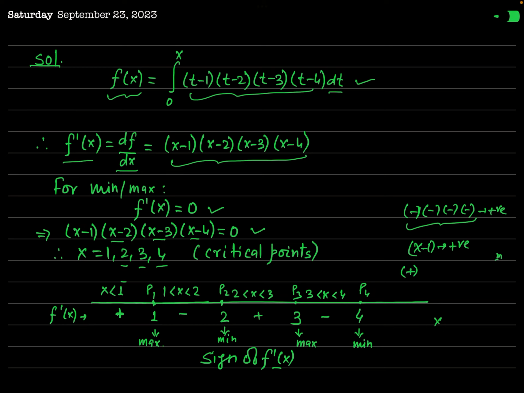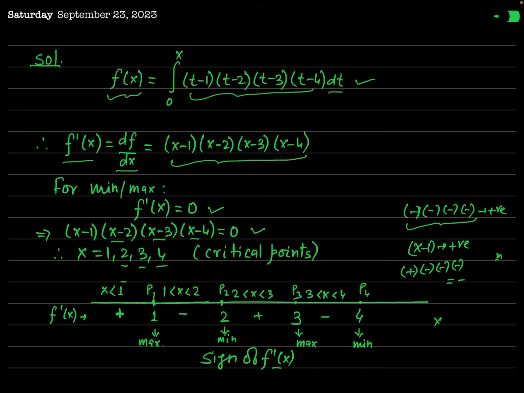So this will be a product of plus into minus into minus into minus. And you know, minus times minus will be plus, and plus times plus will be plus, and plus times minus will be minus. So this product will simply be minus.